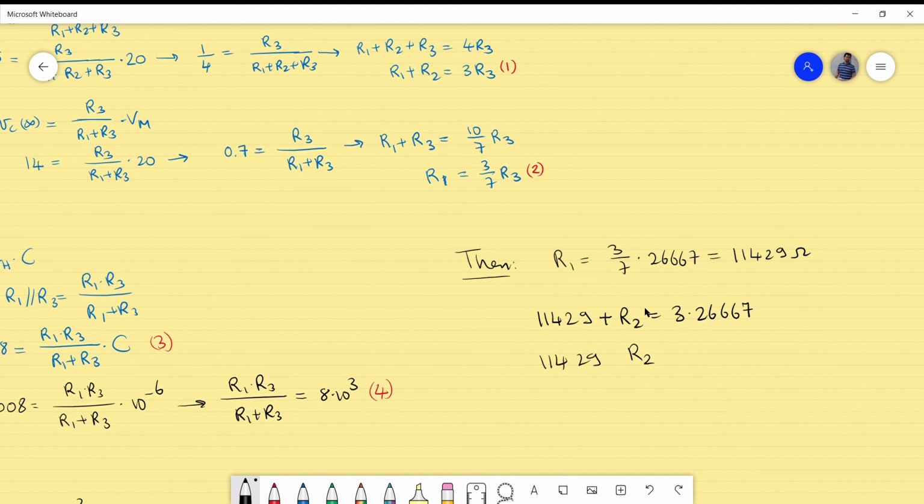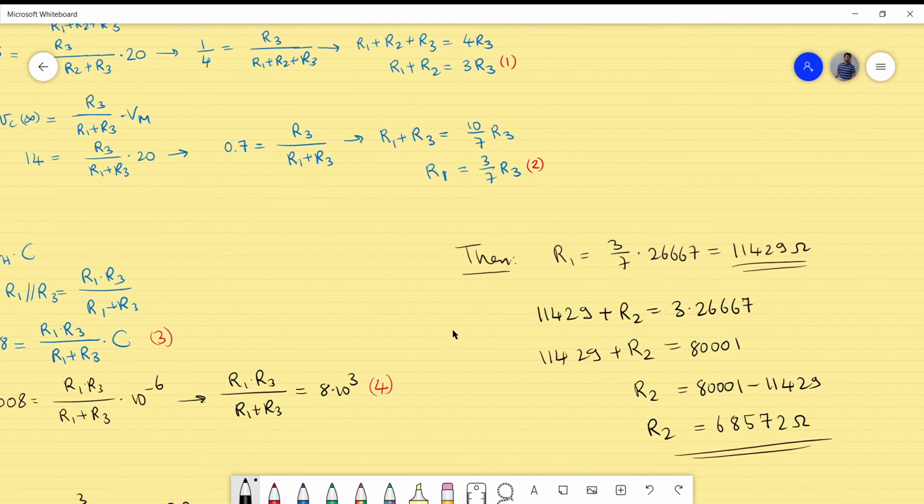If I simplify this, I will get 80,001. So R2 is 80,001 minus 11,429. That brings us to the value of R2, which is 68,570 ohms. So I now have all of the component values required for this design.